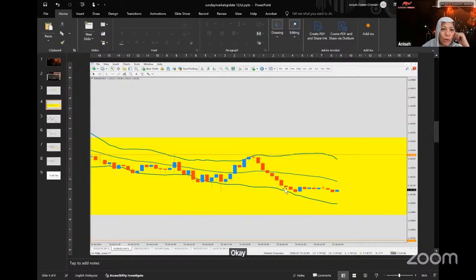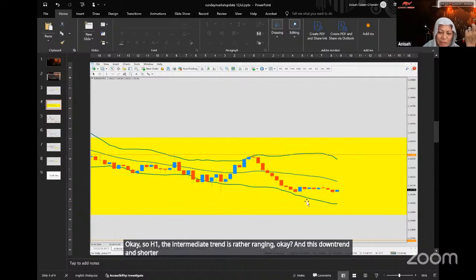For euro dollar, the major trend is down, the H1 intermediate trend is rather ranging, and the shorter time frame, M15, is a downtrend.